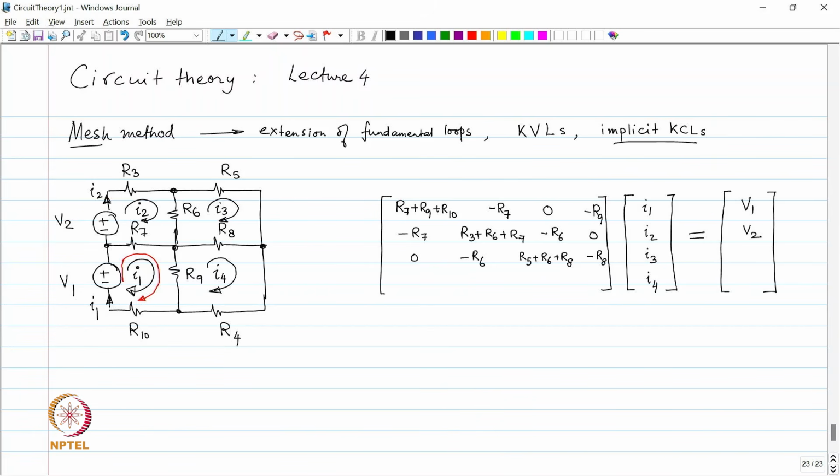Fine. And then the last one I4. I4 goes through R8, R4 and R9. And then minus I1 goes through R9 and minus I3 goes through R8.